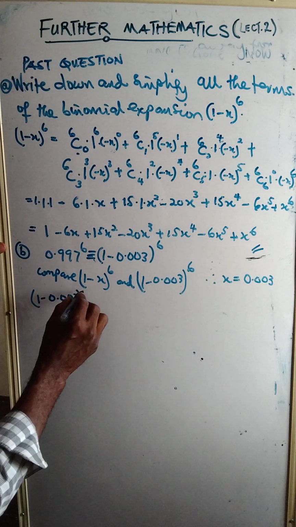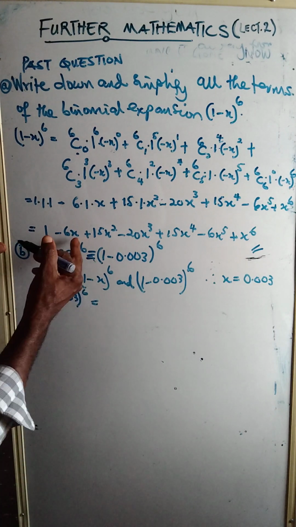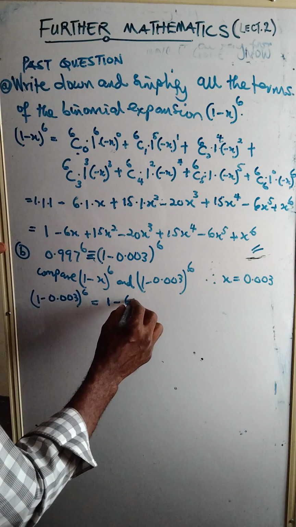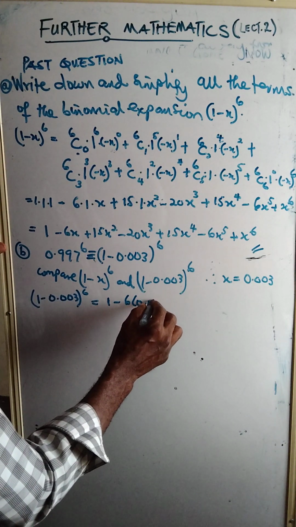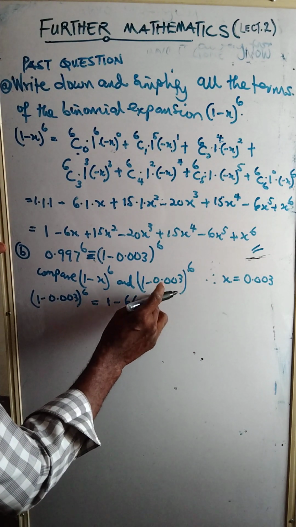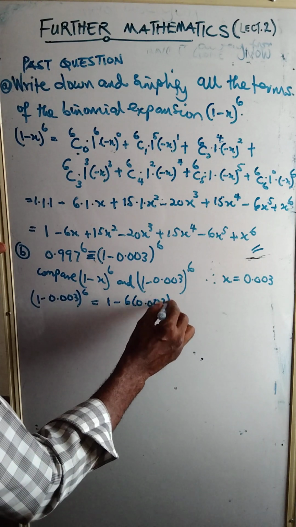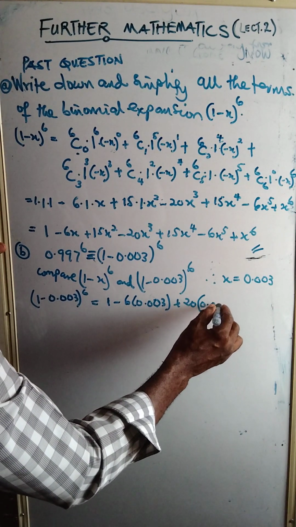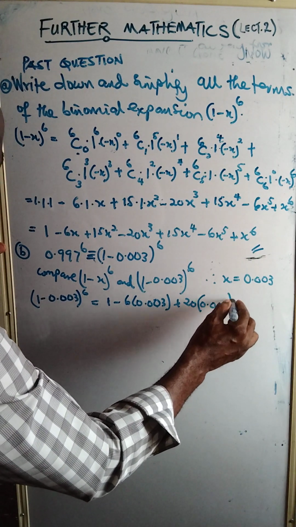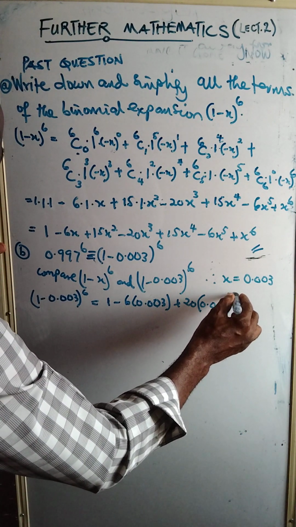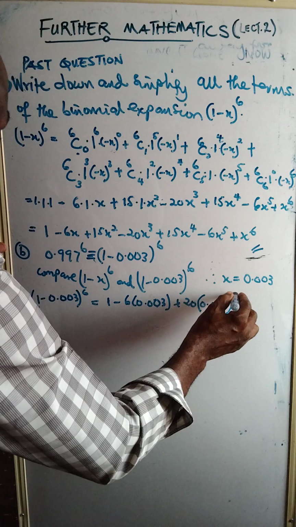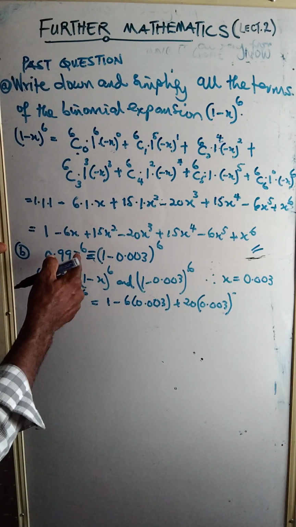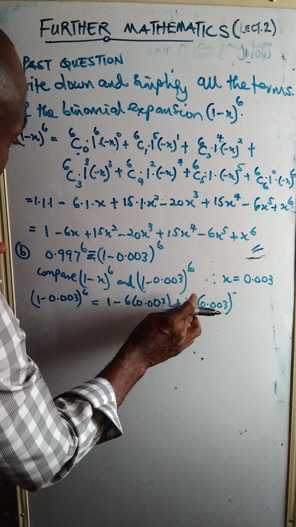So if you do this, our 1 minus 0.003, everything raised to power 6, in the order of expansion is going to be 1 minus 6 into 0.003. The next one is, excuse me, I think the next one is 15, so sorry about that.